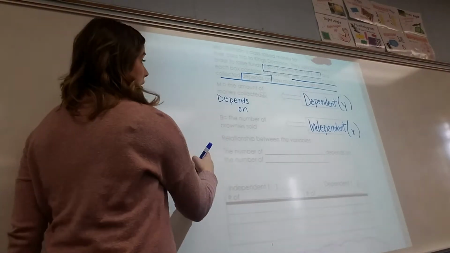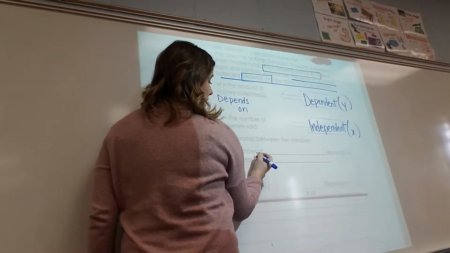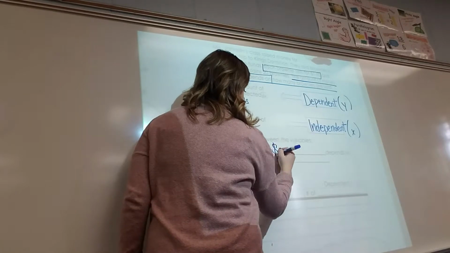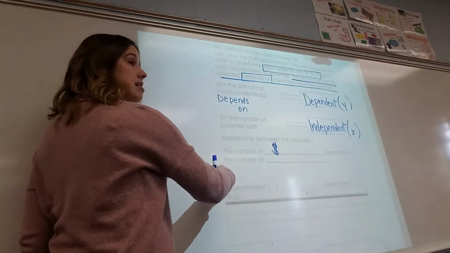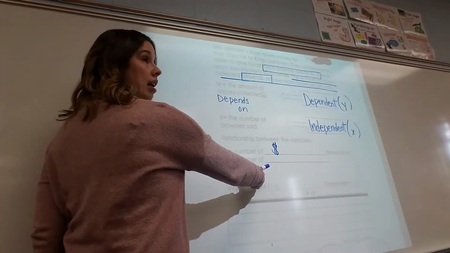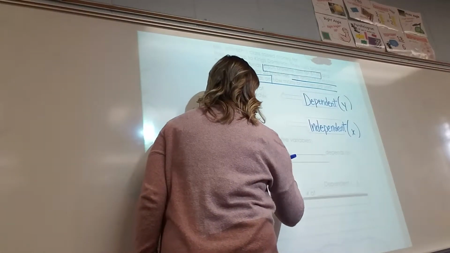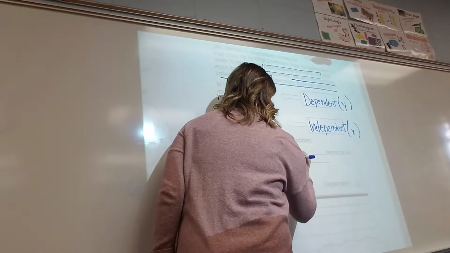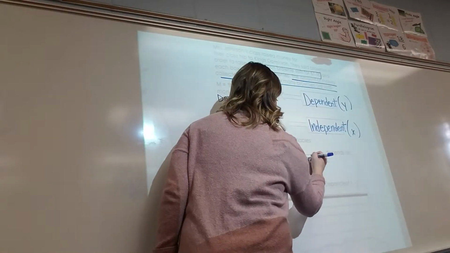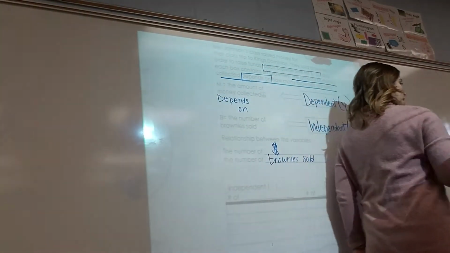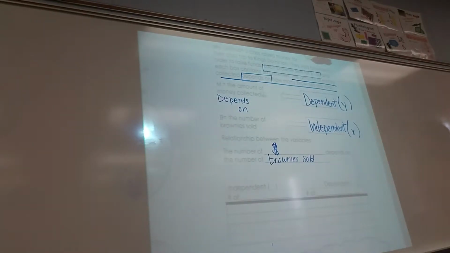But we're going to say money depends on what? Number of brownies, right? Brownies sold. It depends on the number of brownies sold. Okay? The total amount of money that we collect depends on how many brownies we sell.